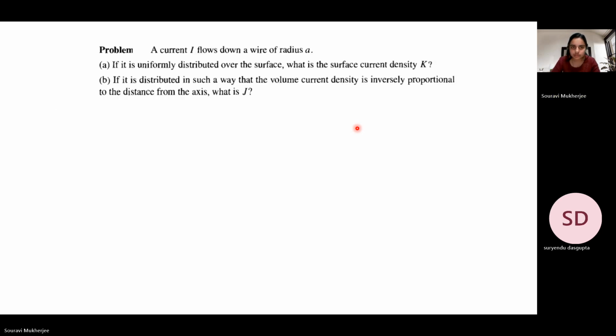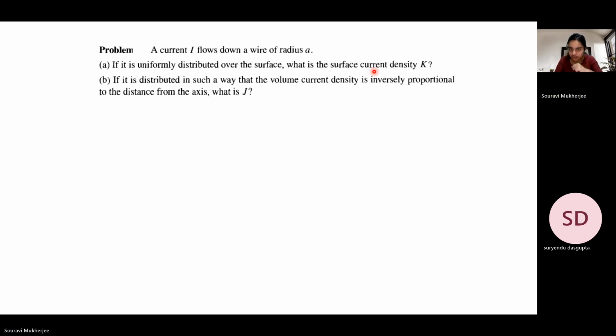Now there can be questions like this where you have a current flowing down a wire of radius a, and the current is I. If it is uniformly distributed over the surface, what is the surface current density K? You have a wire, and the radius of the wire is given, so you know the area.